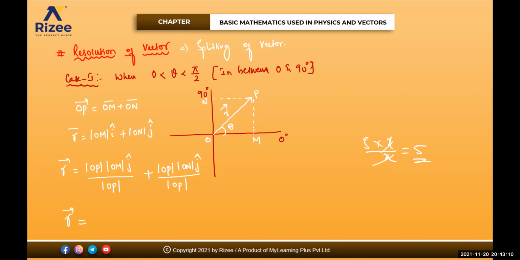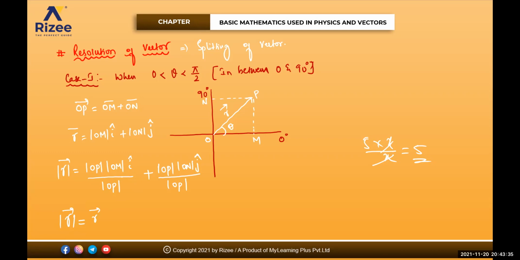Now see, this R bar will be equal to how much? Next to ON is J cap? No, sorry, it is I cap, not J cap. This one is your I cap. This is magnitude. R bar is nothing but your magnitude. Now if I am writing this magnitude R bar, OP is nothing but R bar as it is. OM by OP is how much from the figure?